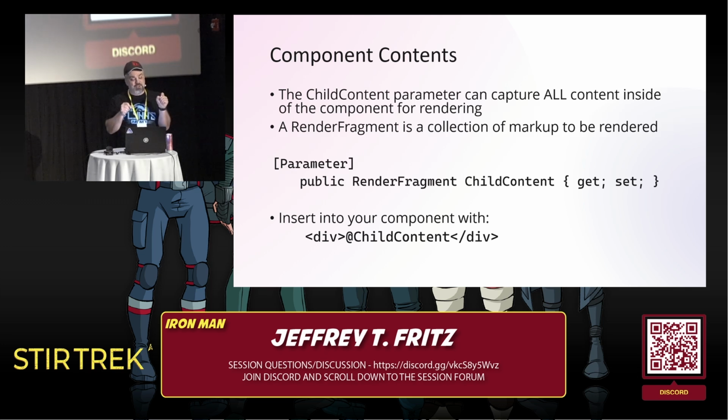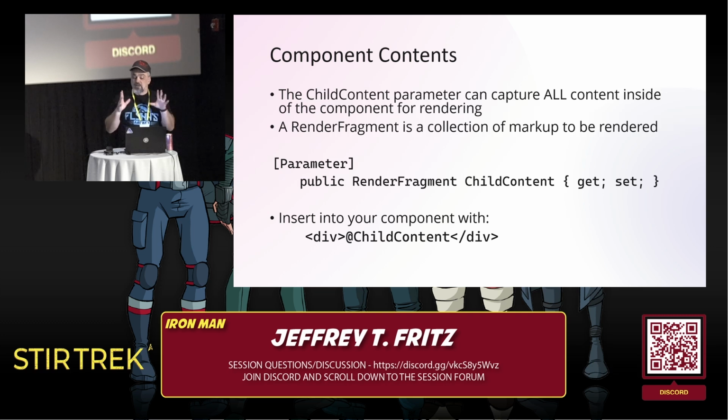By convention, a property named ChildContent, capital C, of type RenderFragment is the contents inside that component. So we have the grid begin tag, and then between the begin tag and the beginning of the end tag, whatever is inside of there is the child content, and we can access it through this property.